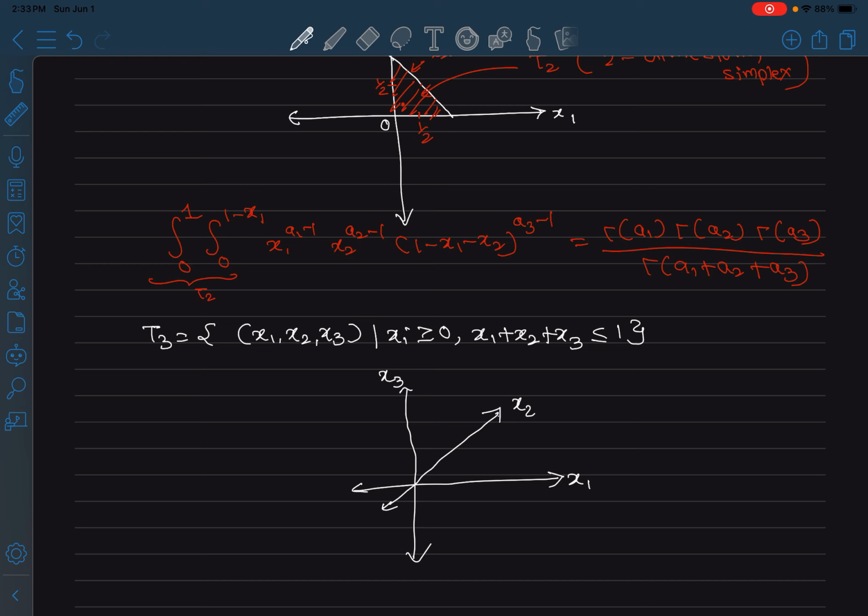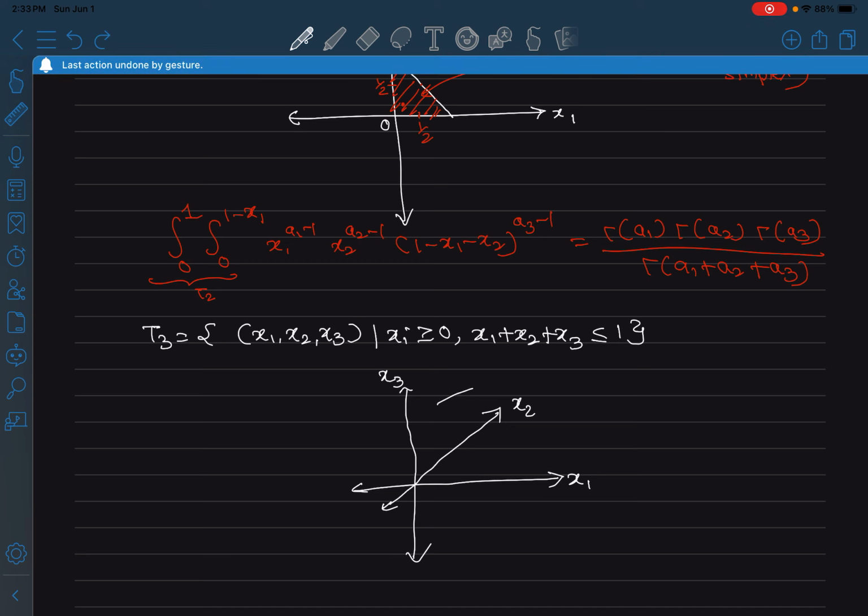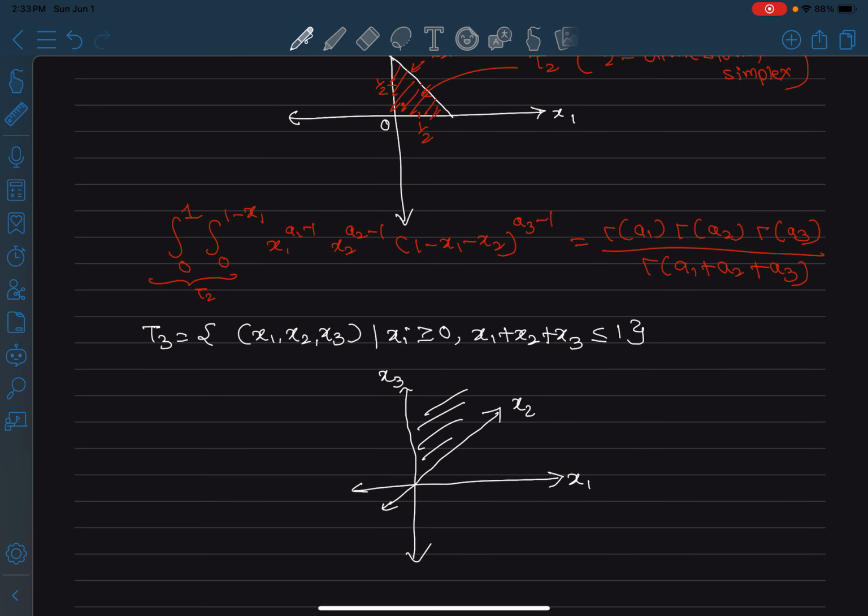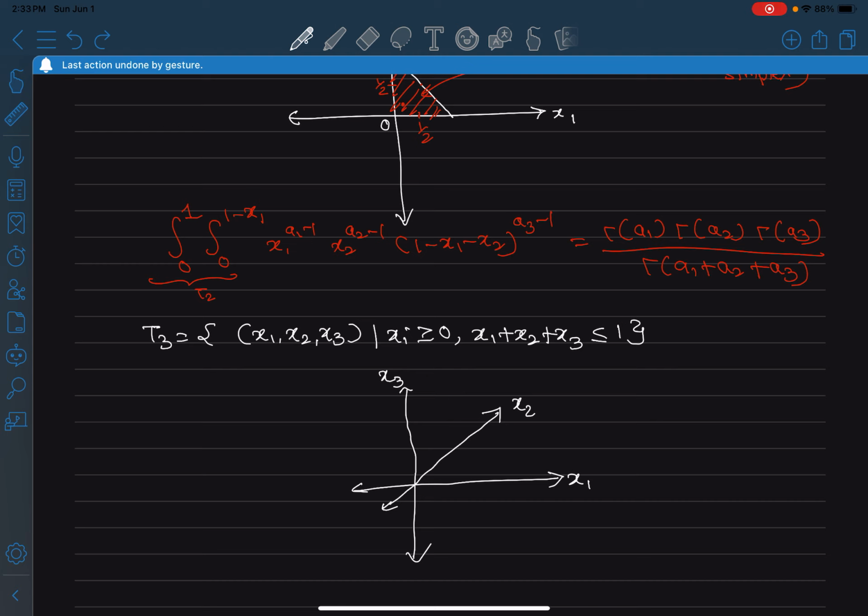So the plane of x1, x3 will be one of the boundaries.